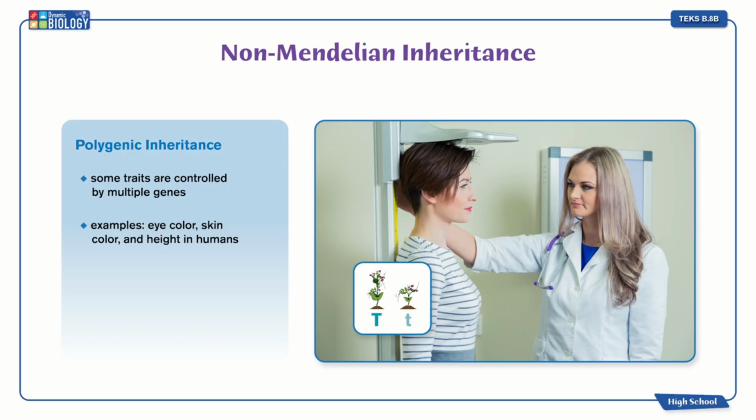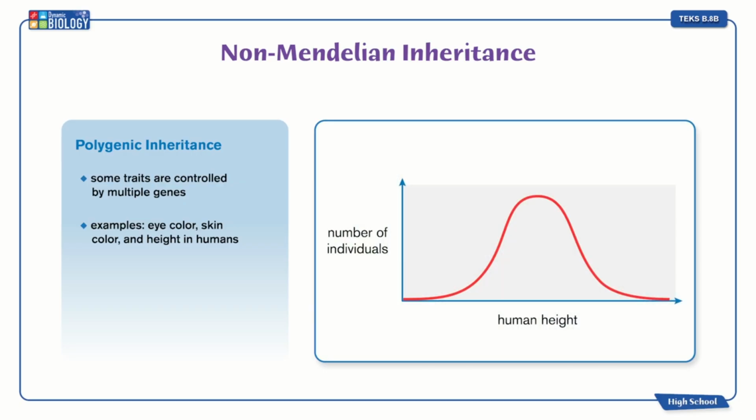By contrast, when we observe the trait of height in human populations, we see that there is a spectrum or a range of phenotypes. Humans can be short, tall, or anywhere in between. This is typical for polygenic traits. Extreme heights are less probable and therefore less common in the population, as shown in the bell curve graph.